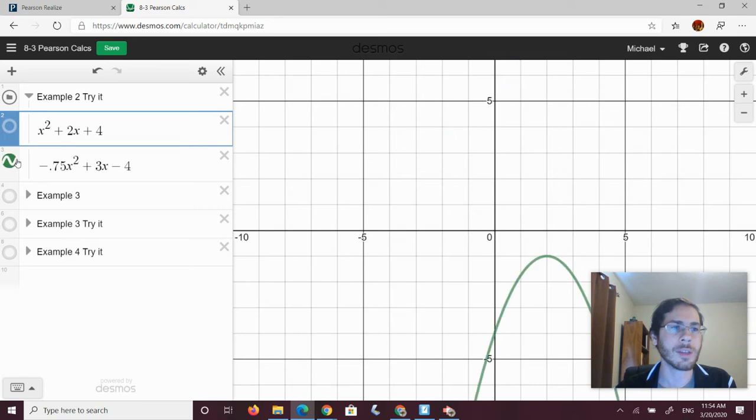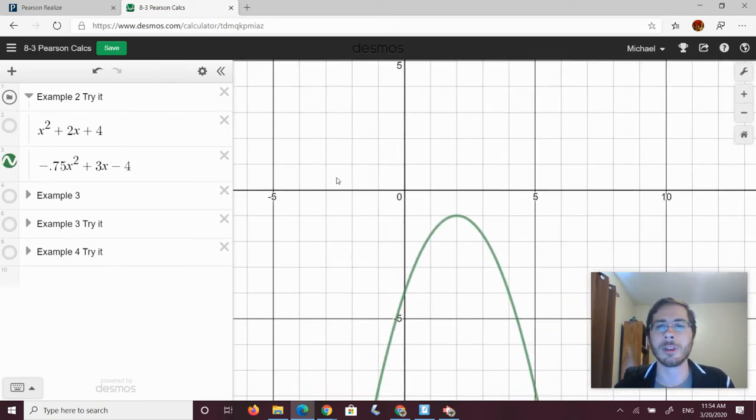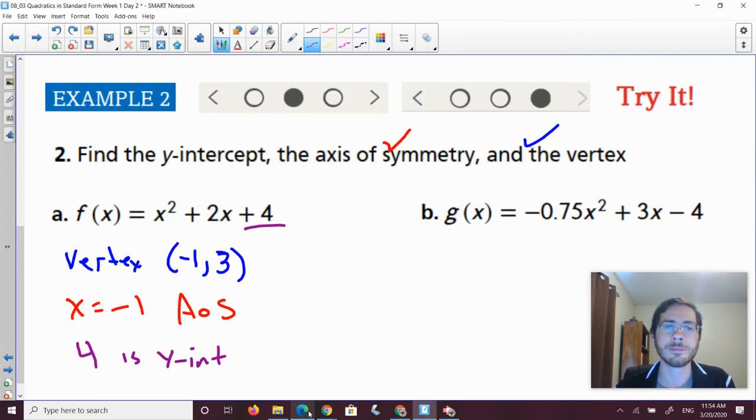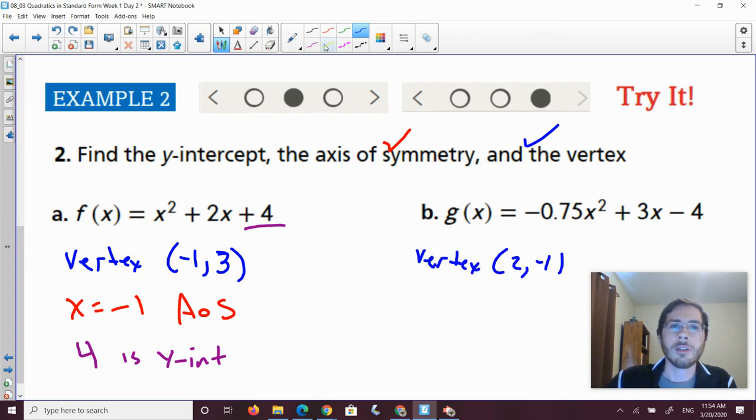For the second try, basically the same thing. Now my parabola is all the way down there. I get my vertex. I know from that my axis of symmetry is the x-coordinate of the vertex, so x equals 2.